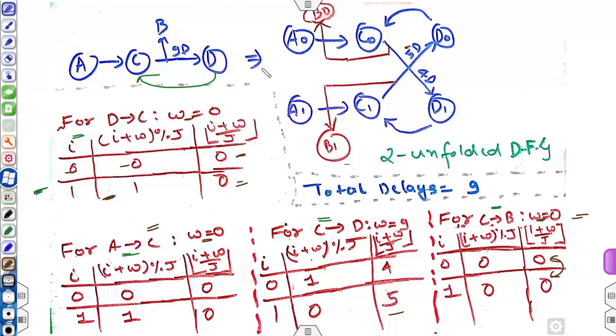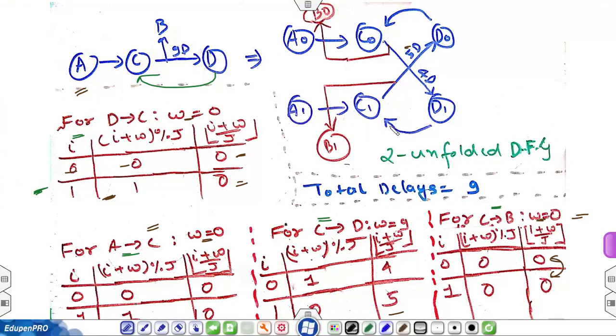Yes, so this is the final unfolded DFG, that is representing 2 consecutive iterations of this given DFG, and we have already verified it mathematically. So total delay in this graph is 5 plus 4, that is 9, and the delay in the given graph is 9. Okay, so again it is verified that the number of delays is the same.